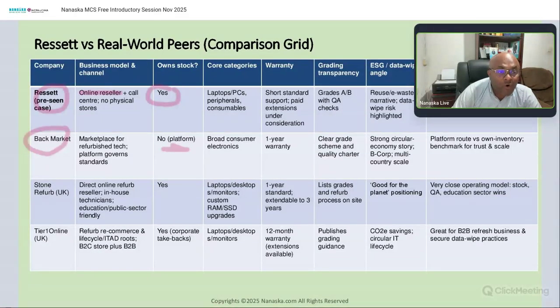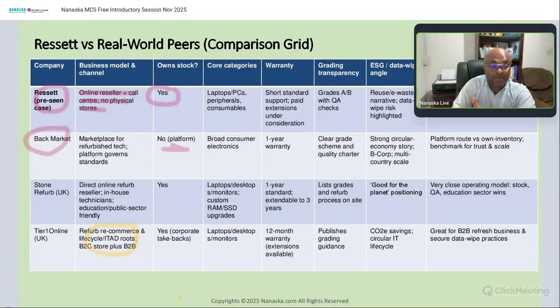We are an online reseller and a call center, no physical stores available. Our case study company has no physical sales points. We do the sales only online. Here, look at Tier 1 Online UK. Refurbished e-commerce and lifestyle.